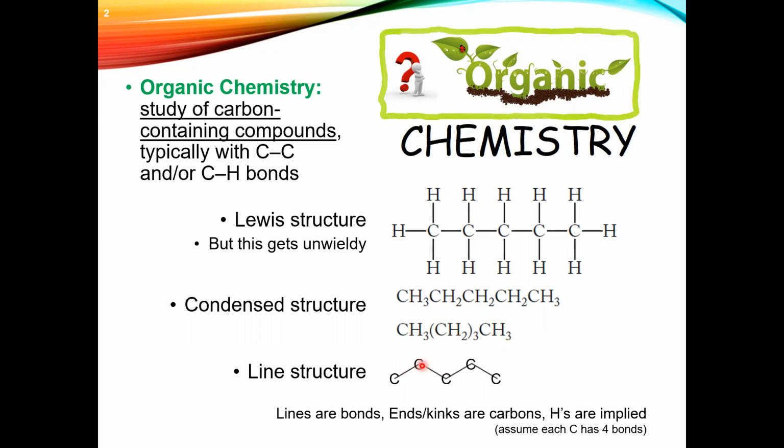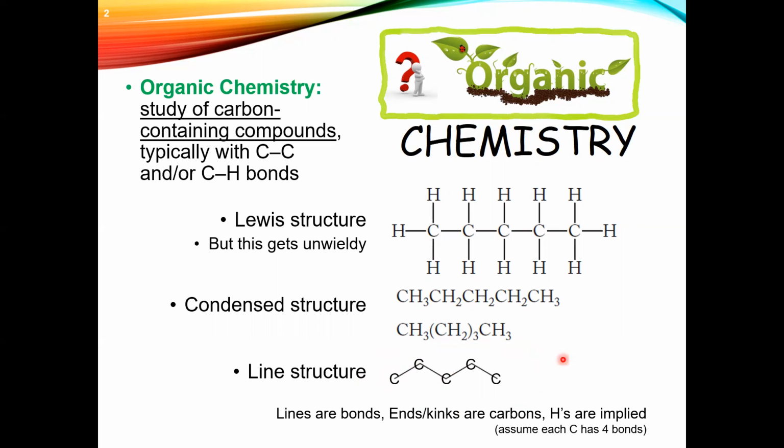For example, with carbon, we're going to assume that carbon always forms 4 bonds. So if this carbon has a single bond to that carbon, we can assume there are 3 hydrogens surrounding that carbon. And this carbon right here is singly bonded to 2 other carbons, which takes up 2 bonds, and it has to have 2 more, so the other 2 will be hydrogens.